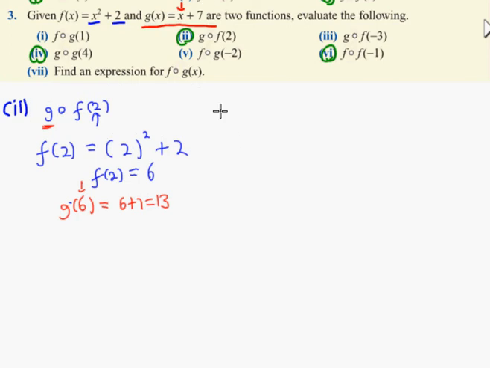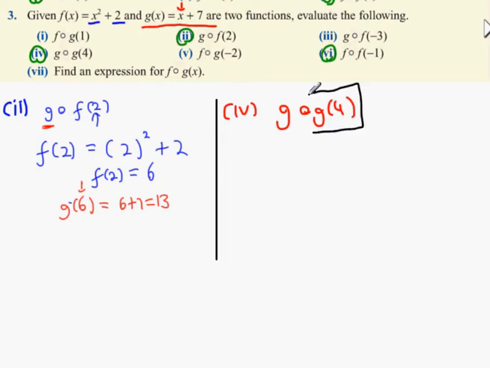Okay, part 4. Connor Moore, what do you do with g after g of 4? You do g of 4 first, and you're right, the function is x plus 7.